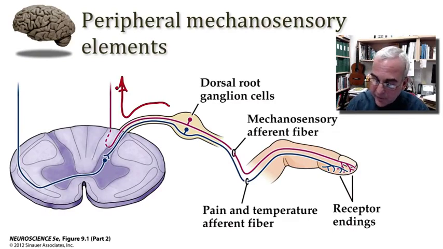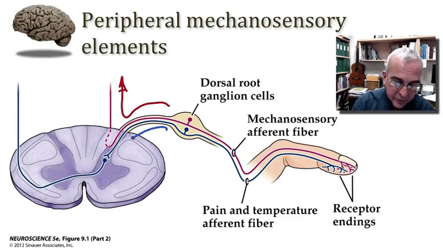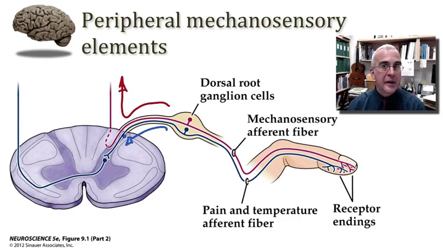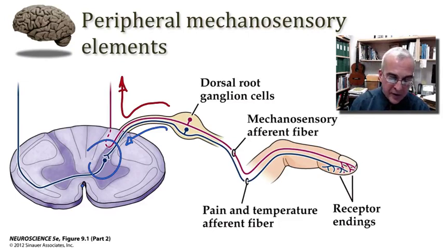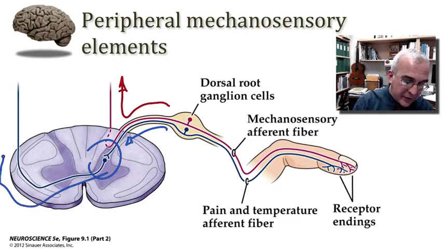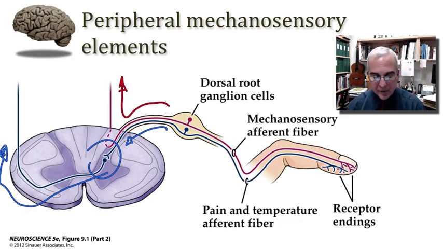Now contrast that with the pain and temperature fiber. Its central process enters the dorsal horn and makes a synaptic connection right away. So here we have a synapse with a dorsal horn neuron. And that dorsal horn neuron then grows out an axon that does something pretty interesting that we'll talk about later.